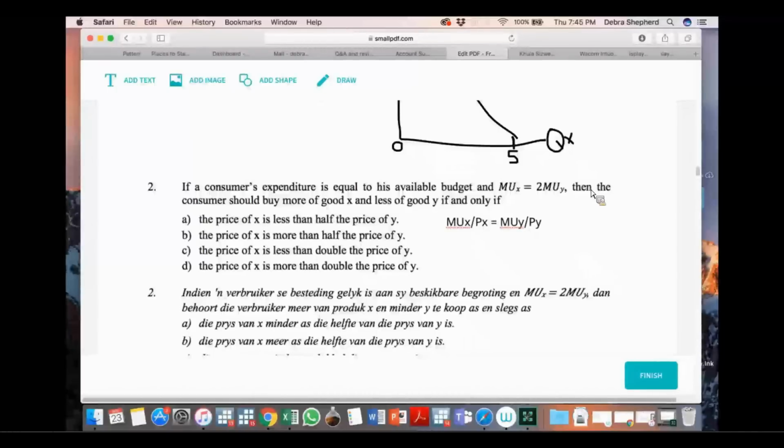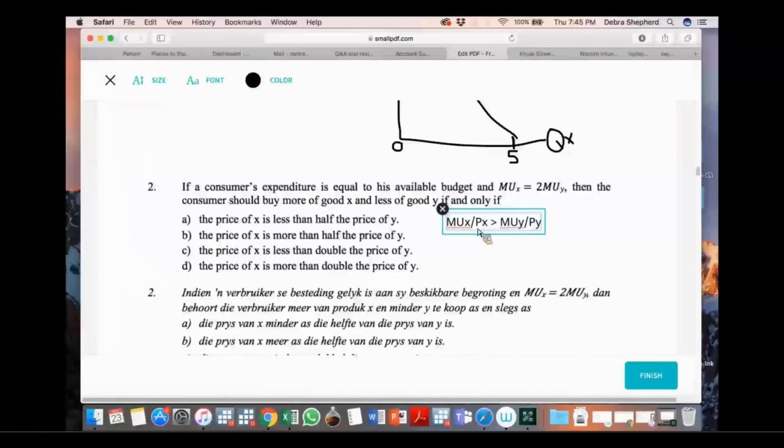The second part of this statement here has told us that the consumer should buy more of good X and less of good Y if. So if these things are equal, that would mean you're at your highest utility. So you wouldn't choose to change anything about how much X or Y you consume. If the consumer wanted to buy more of good X and less of good Y, that would imply that this relationship should look like this, okay?